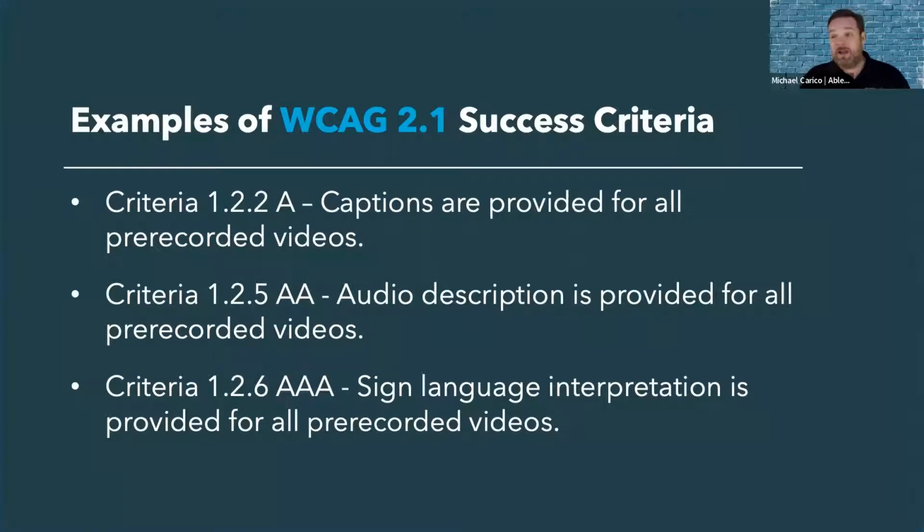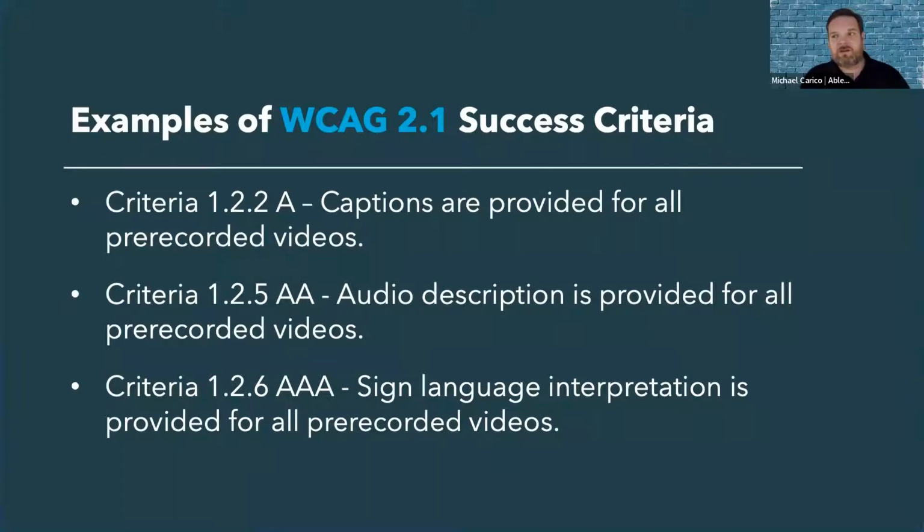And one that I actually really love, and this is one of those above and beyond ones, and again, it's for people with audio issues in this case: criterion 1.2.6 AAA says sign language interpretation is provided for all pre-recorded videos. So you can see how this progresses. We go from closed captioning, to providing descriptions, to now we have to provide sign language. And this gives you an idea of the levels that are provided for each of these.